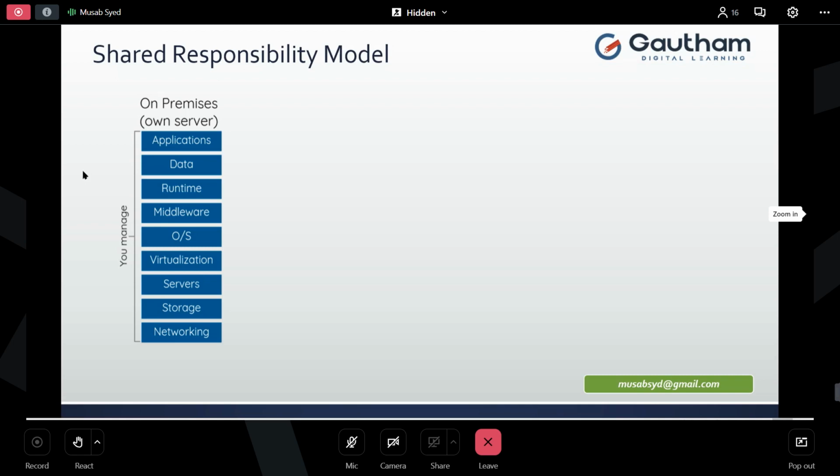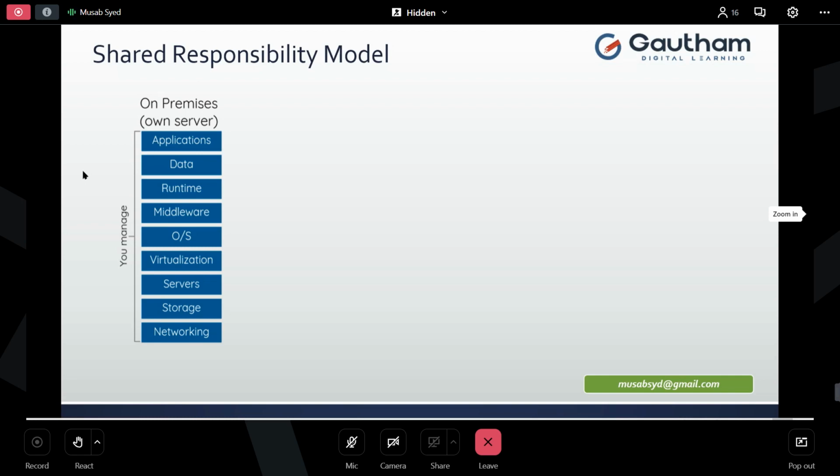Middleware, Tomcat, JBoss, whatever you are using, you have to manage. Runtime is nothing but the applications used for coding: Python, Java, whatever languages you are using. Then the data you maintain using these languages is your responsibility, and whatever application you create is your responsibility. So we used to manage the whole block earlier.